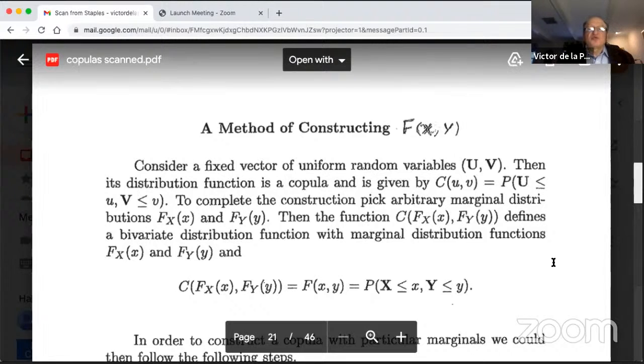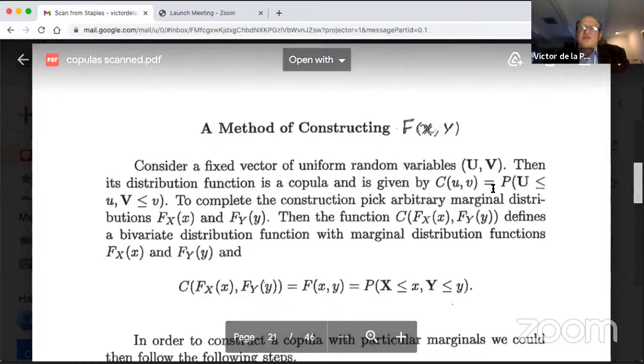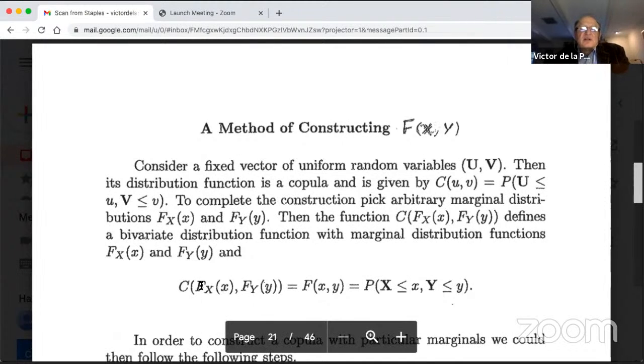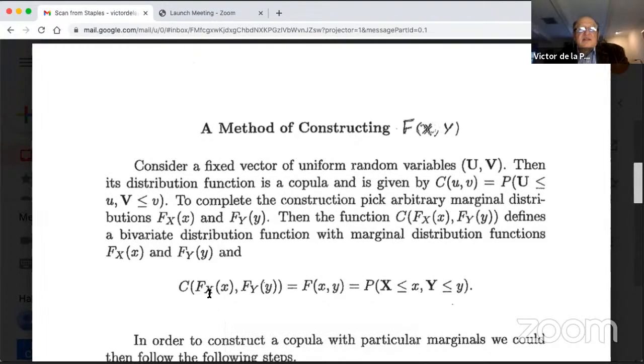The way to construct a joint distribution from a copula is you have the dependence function and you evaluate the copula at the cumulative distribution function of x at x, cumulative distribution function of y at y.